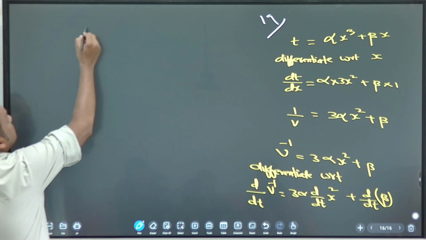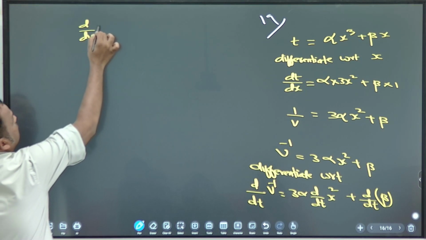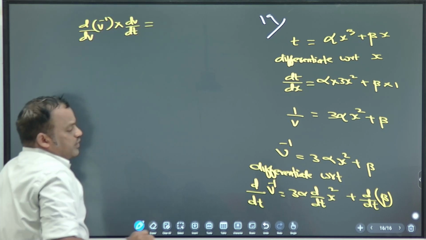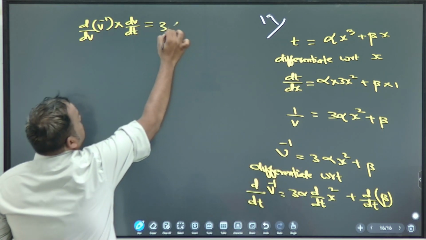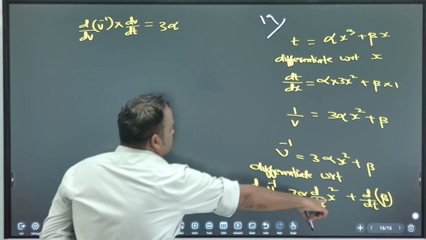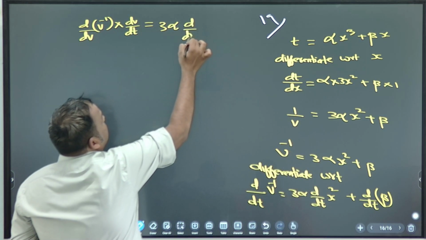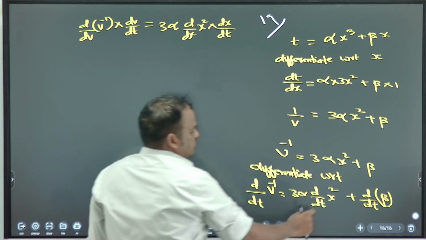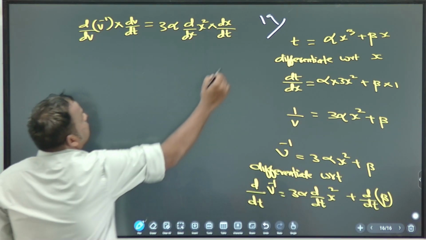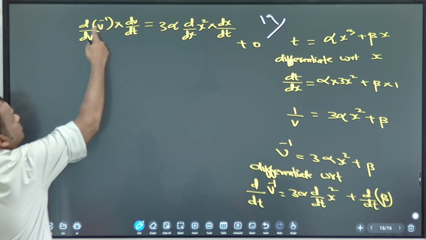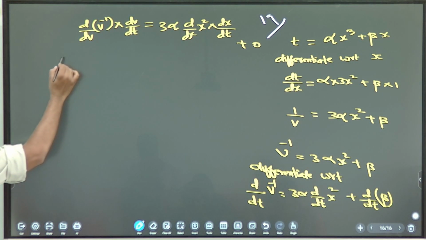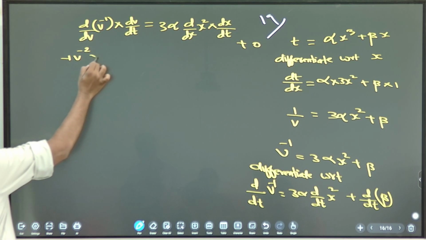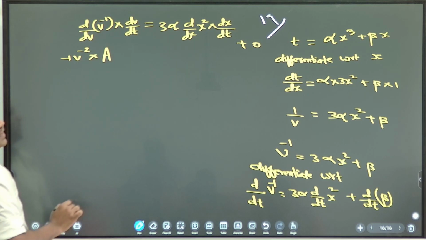Apply the chain rule here. So d by dv of v raised to minus 1 into dv by dt is equal to 3 alpha, and again chain rule here, d by dx of x square into dx by dt. Now solve this. v raised to minus 1, what is the differentiation? Minus 1, v raised to minus 2. And dv by dt means acceleration.